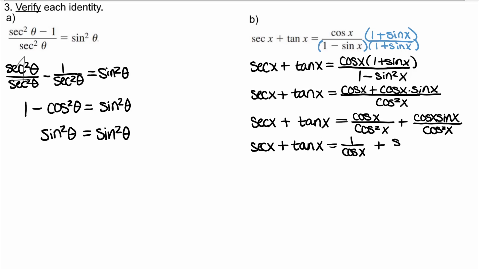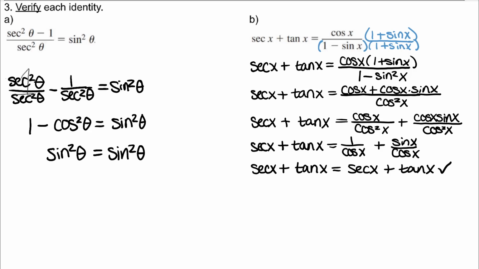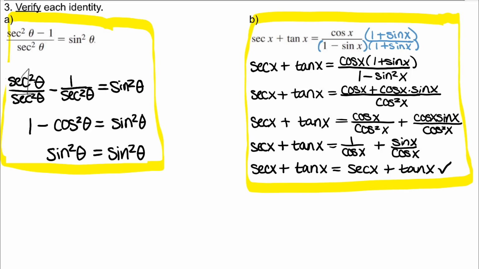Cosine x sine x over cosine squared x is sine x over cosine x. 1 over cosine x is the reciprocal identity for secant x, and sine x over cosine x is the quotient identity for tangent x. Oh my goodness, secant x plus tangent x equals secant x plus tangent x. Woo! If you box an identity, you box it in its entirety.